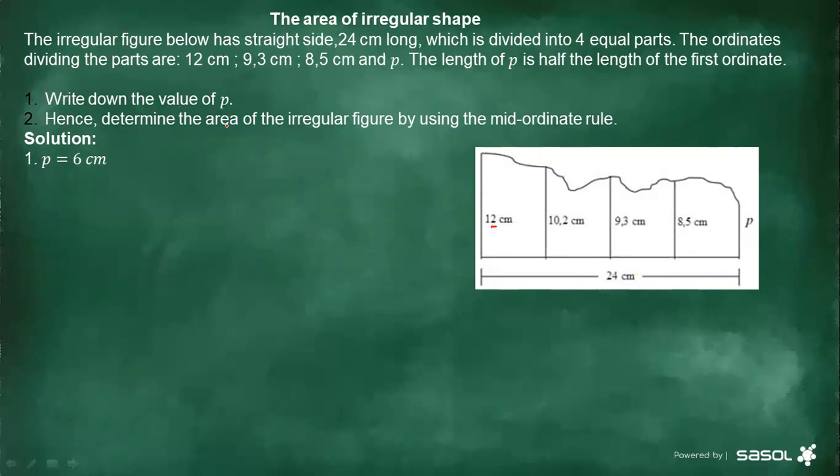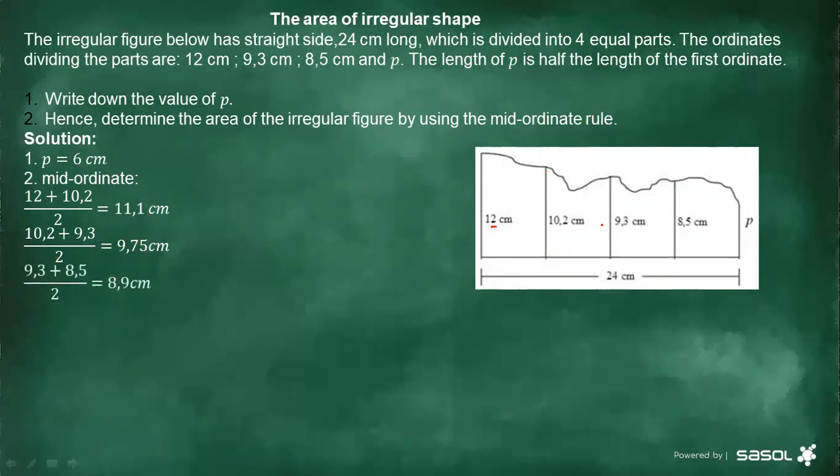Number 2: determine the area of the irregular figure by using the mid-ordinate rule. First, we are going to determine the mid-ordinates. The first ordinate plus the second one divided by 2 gives us 11.1. You take the second and the third, 10.2 plus 9.3 over 2 equals 9.75.